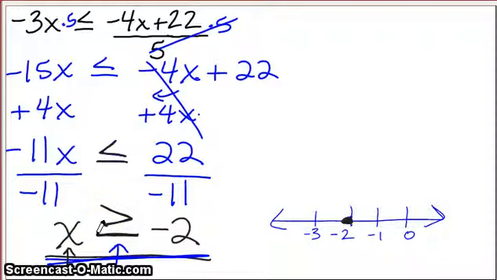But also think about it: this x is greater than. So where are the x's greater than? They are greater than over here. So I will shade to the right, because those numbers are greater than negative 2. And that gets you through solving equations and inequalities.